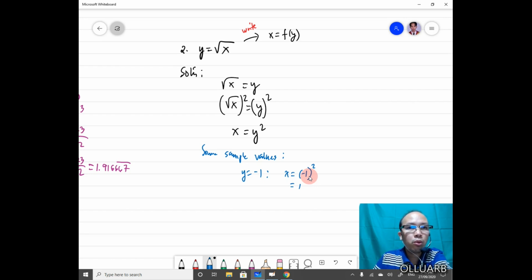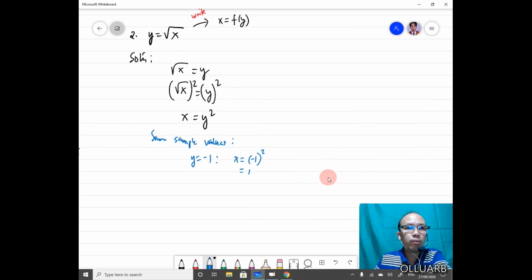However, if you substitute to the original given, y is equal to square root of x, and your y here is -1, so -1 is equal to square root of x. As you have noticed, you cannot find an x that gives the value -1.